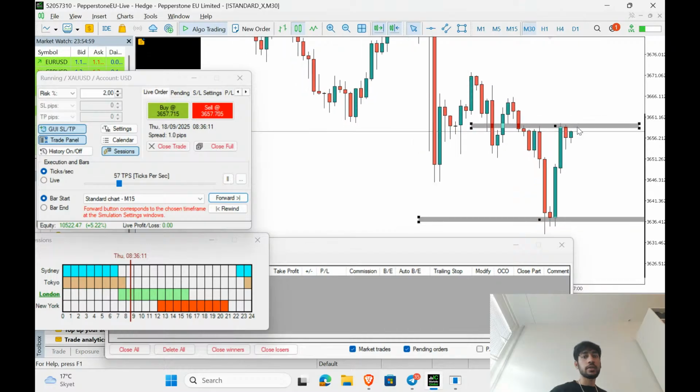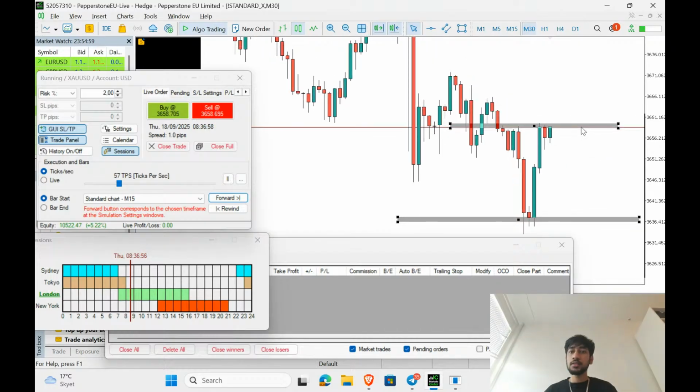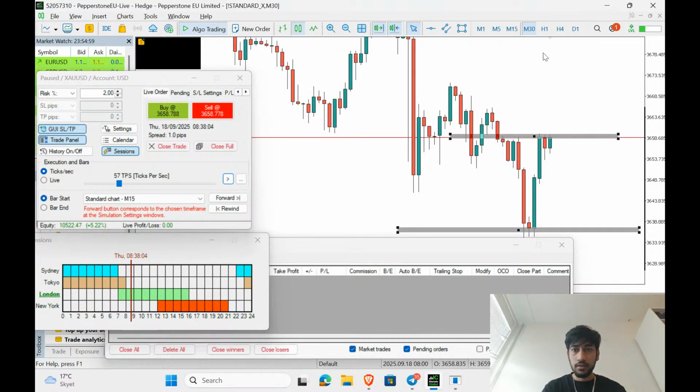Do you think we can take a sell? This M30 resistance? No, because so is it a good buy above this?